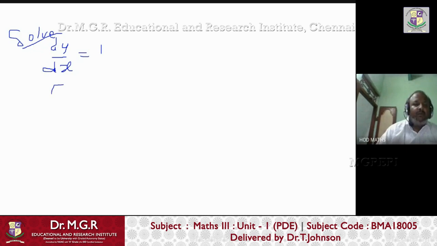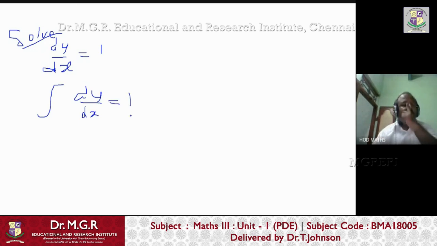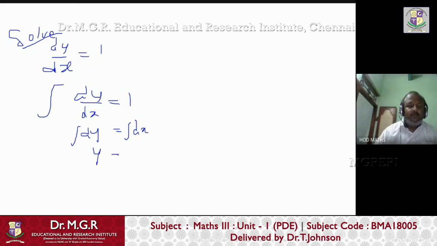Very simple. The reverse form, that is integration. Whenever you integrate a differential equation, you are able to solve it and take it back into the ordinary equation format. So if you integrate this, what do you get? dy, dx goes that side. Then it becomes y equals x plus c.